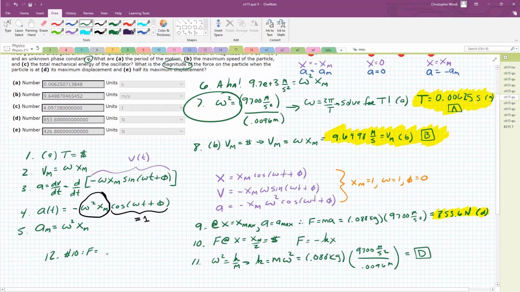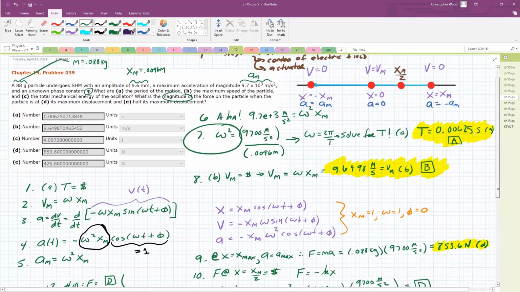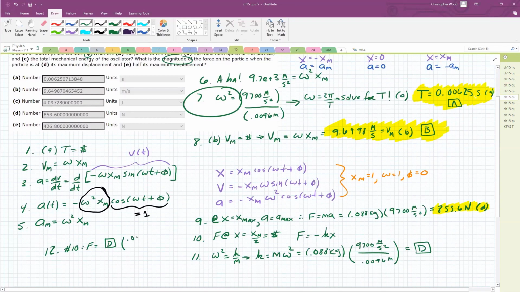All right, equals K is sitting there in memory location D times half the maximum displacement. So that would be 0.0096 meters over 2.